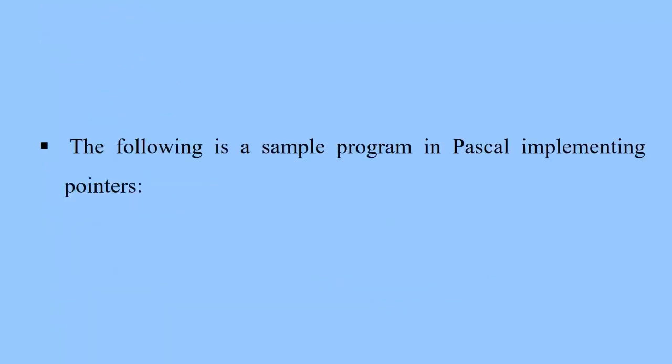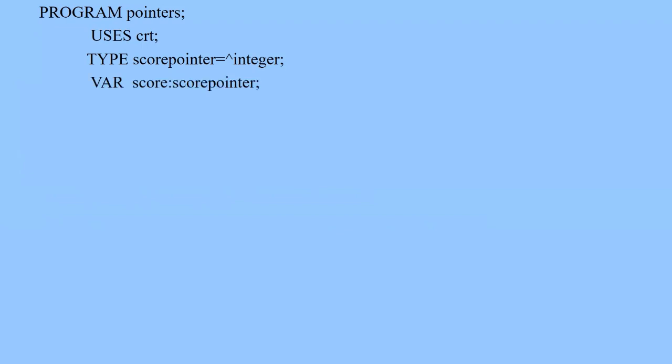So the following is a sample program in Pascal implementing pointers. Our program is called pointers. We declare uses because we are going to manage the screen, like clearing the screen. And then we declare a pointer type, score pointer, which points to an integer.